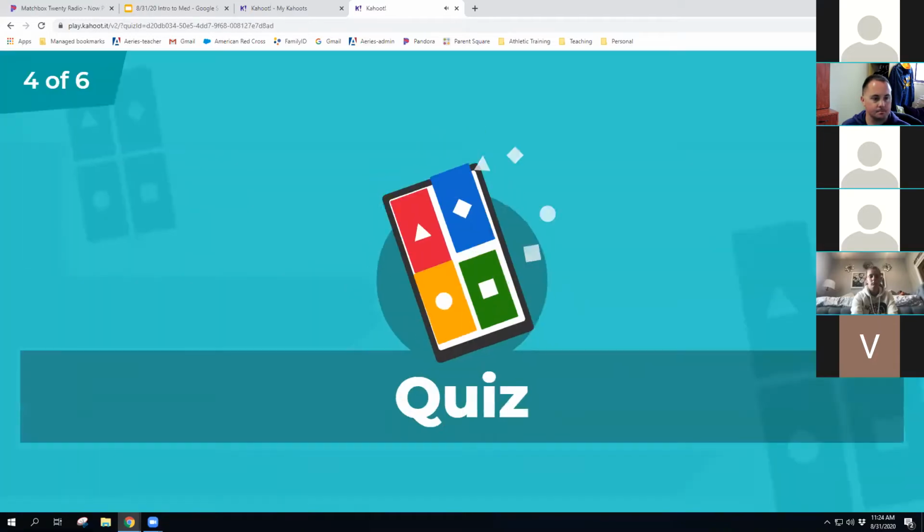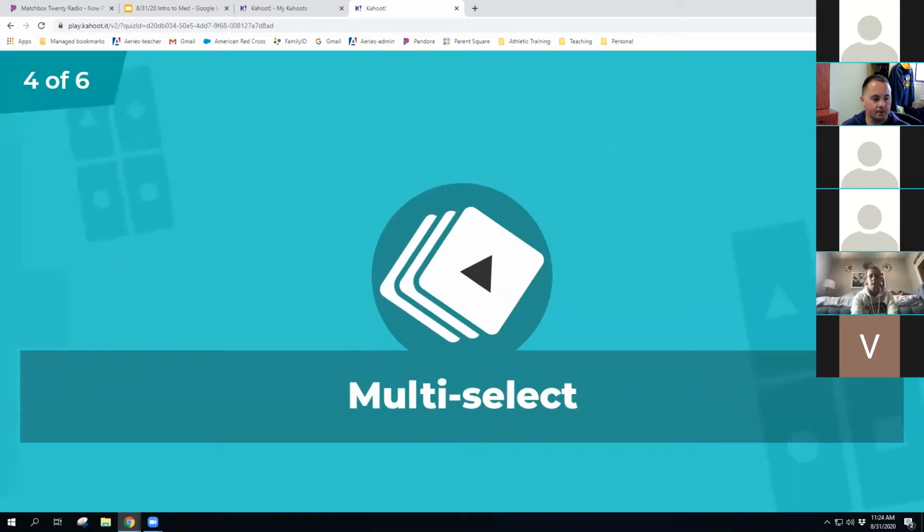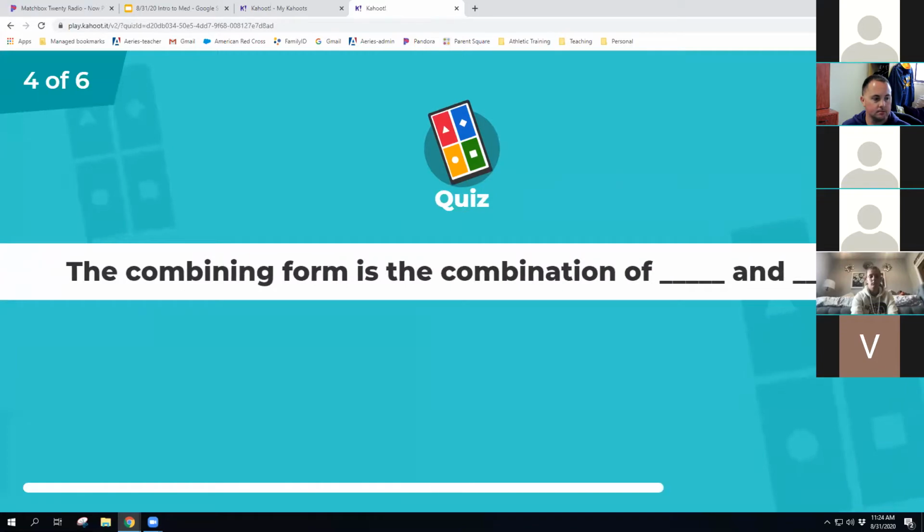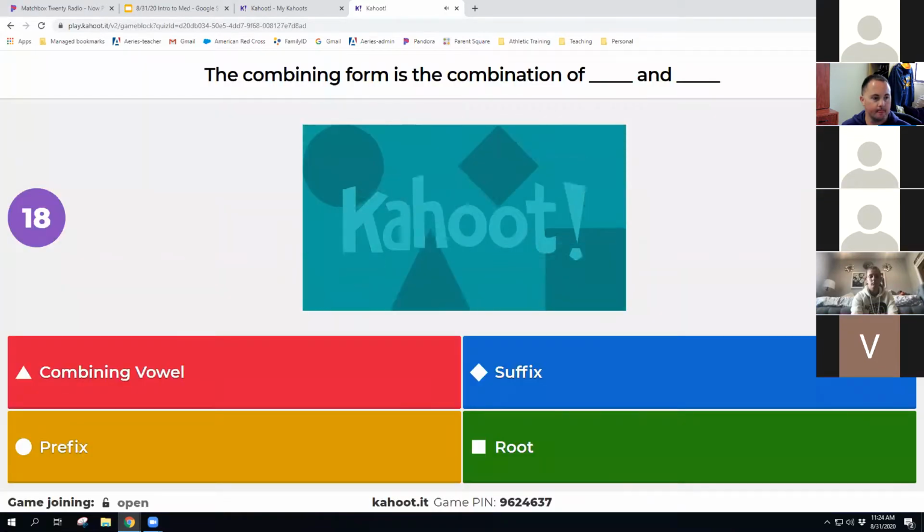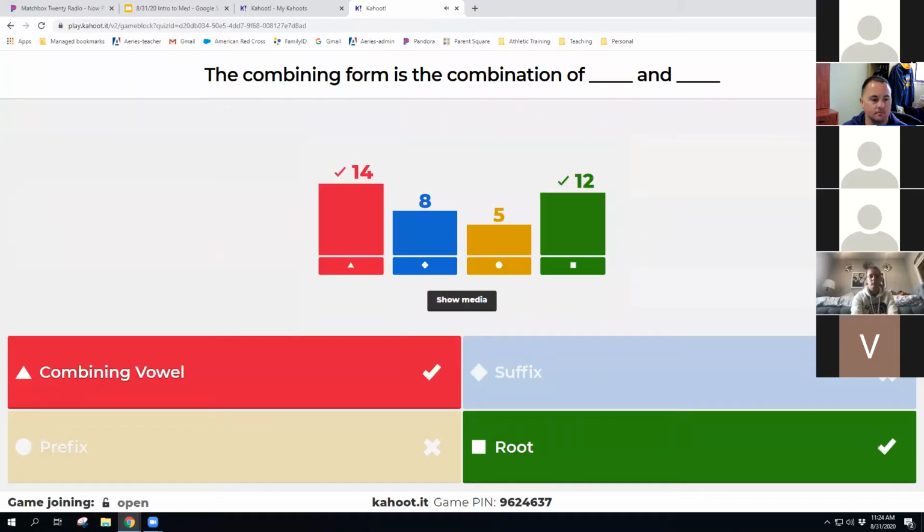Good. Okay. So the combining form is another term for combining the combining vowel and the root.